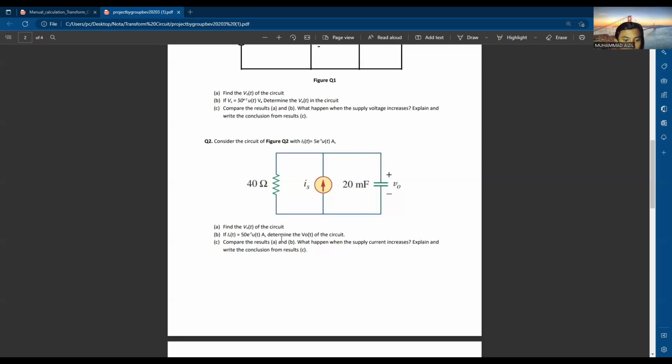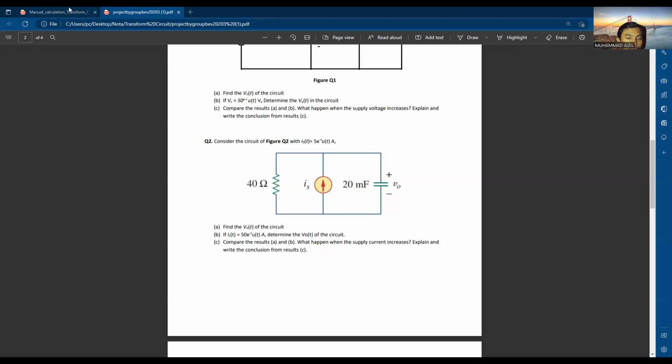And last but not least, we need to compare the results from A and B, explain what happens when the supply current increases, and also write the conclusion for part C.